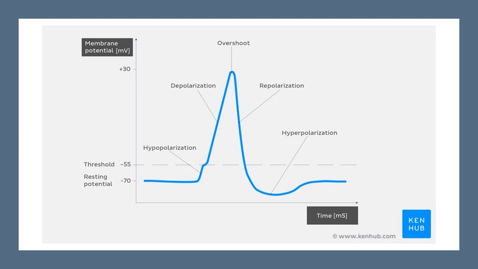This allows for the flow of potassium out of the cell, allowing it to begin the process of repolarization. The potassium channels take longer to close off than sodium voltage-gated channels, leading to hyperpolarization. This hyperpolarization is not a bad thing.